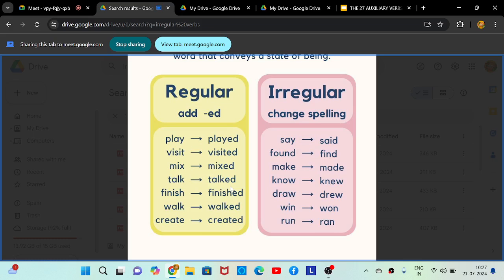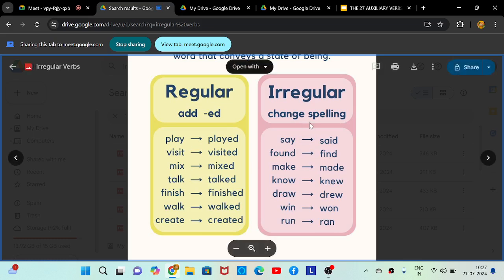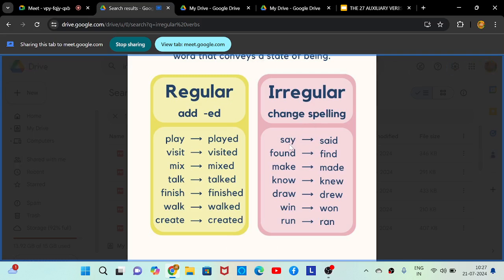Okay, now coming to irregular verbs. For irregular verbs, we cannot add ed to get the past form and the past participle form. Instead of that, the entire spelling itself changes. That is why it is mentioned as change in spelling.